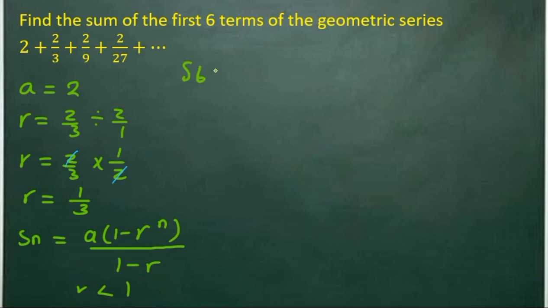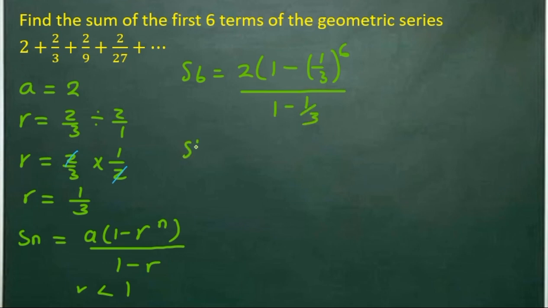So S6 is going to give us 2 into bracket 1 minus r, which is 1 over 3 to the exponent of 6, and all this is being divided by 1 minus 1 over 3.